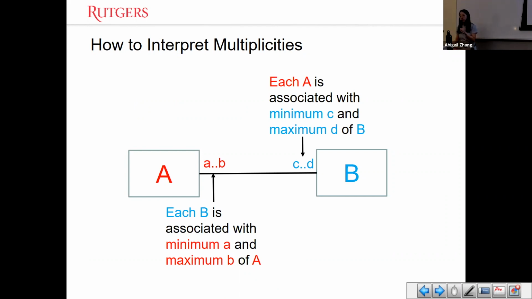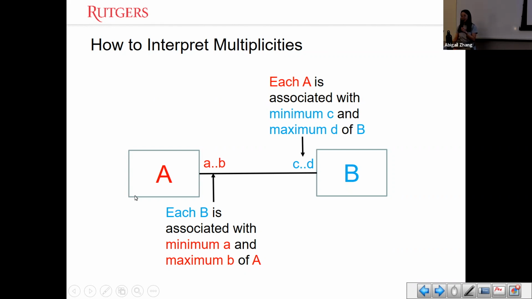Let's say we have two classes, A and B, and they have this association with multiplicities. If we want to interpret the multiplicity placed next to A, represented as lowercase a and lowercase b, we would say each b is associated with a to b of a, with minimum a and maximum b of a.